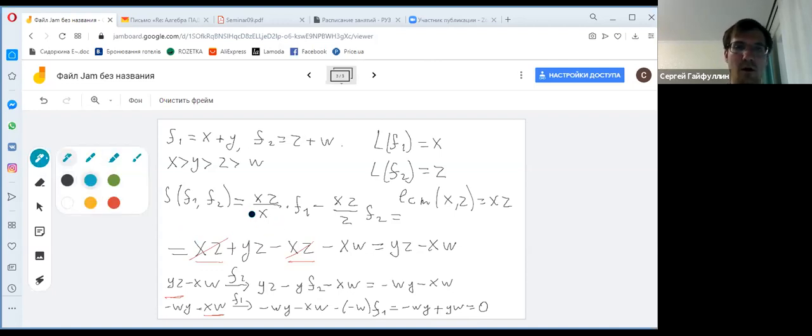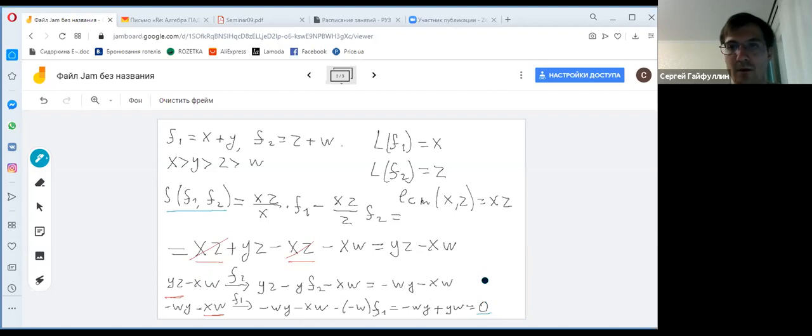And now let us say that for any pair i and j, we have just the unique pair, and this S polynomial can be reduced to 0.